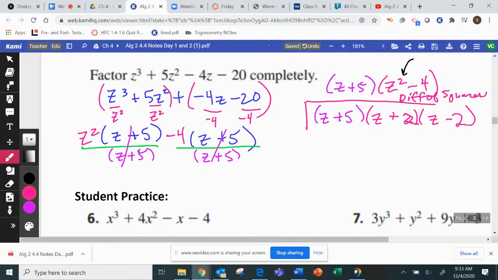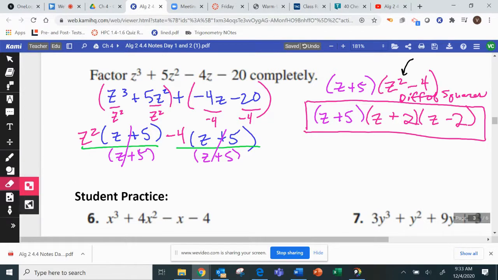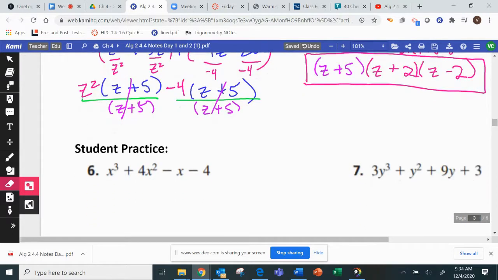And now those z's are to the first power, so I can be done factoring. I think that this is the biggest thing about this chapter: we now have cubic, and we now have ones that will keep going on occasion.